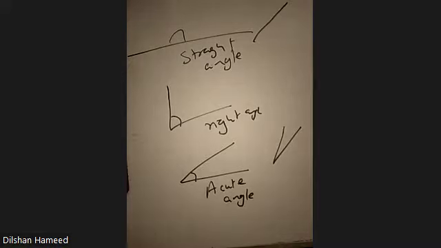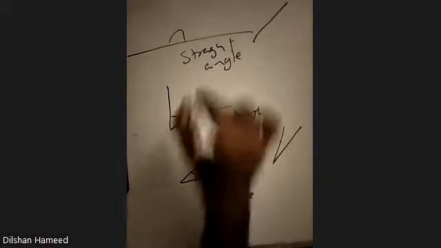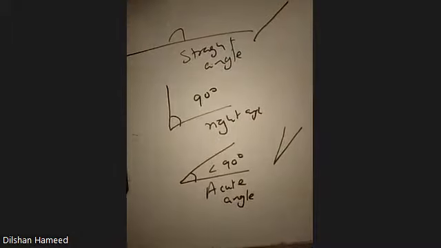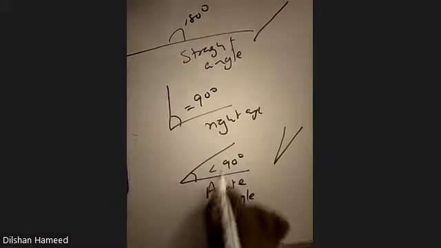Right. So this is acute angle when the degree is less than 90. Here it is 90 degrees, here it is 180. So write this down: equal to 90 degrees, this is less than.